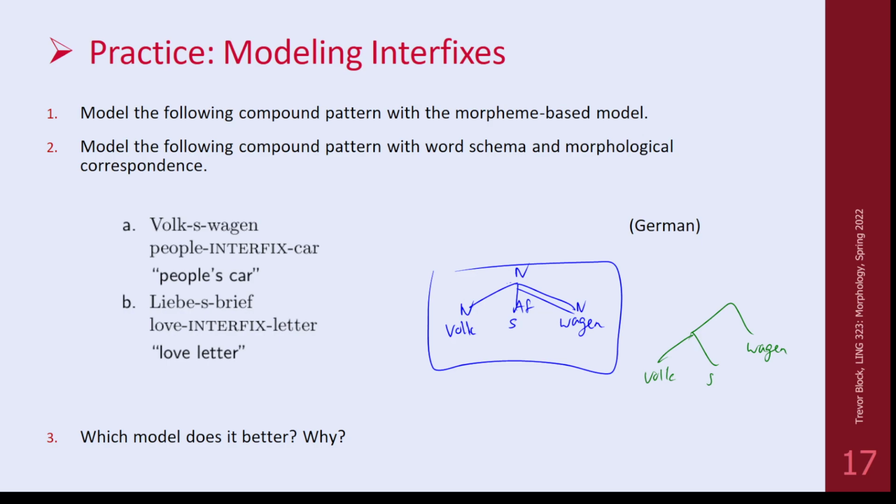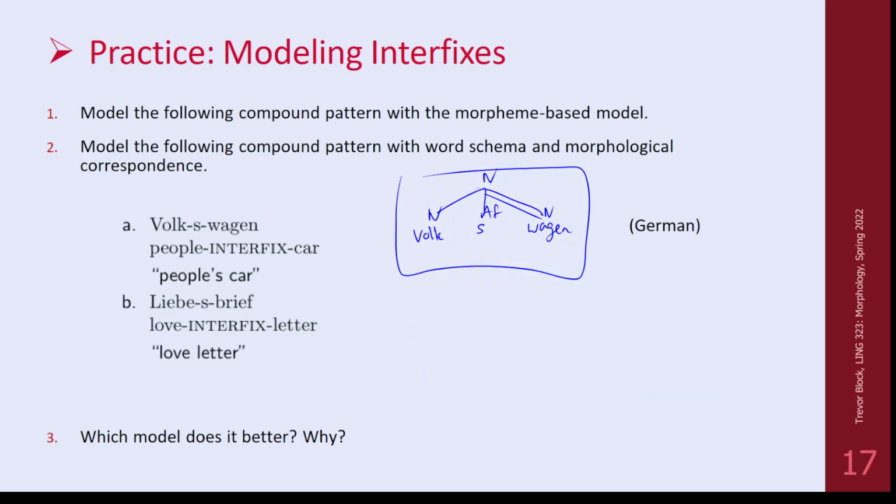And we might want to give it a head and say it comes from car. So we could do love letter the same way. Let's just keep this up here. We won't worry about lexical entries for the morpheme-based model. Now, how do we do word schema? Well, we can have something X, which is a noun. It has the meaning of X. And we can have something that's the meaning of Y, just because we're taking two general words here.